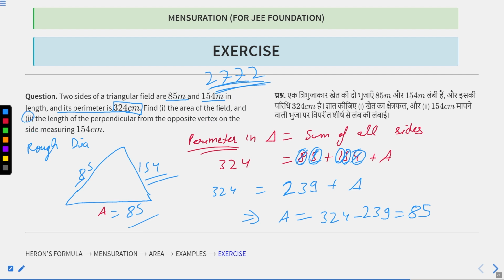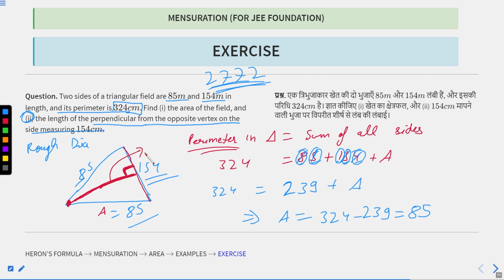And the second part of the question is to find the length of the perpendicular from the opposite vertex on the side measuring 154. So this is my side measuring 154, and there is my opposite vertex here. So I have to find the length of this line, and this line makes a 90-degree angle.